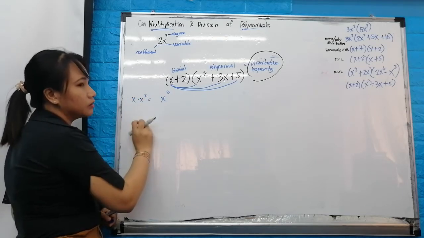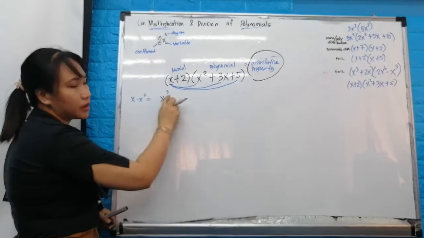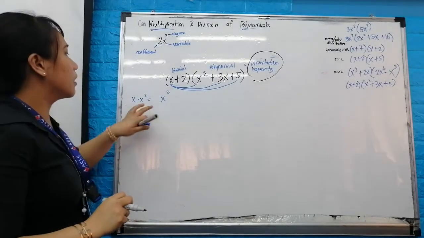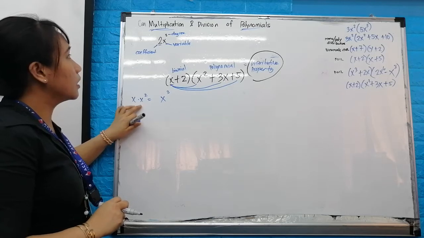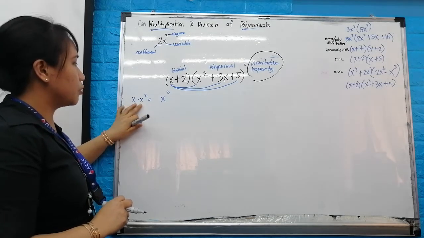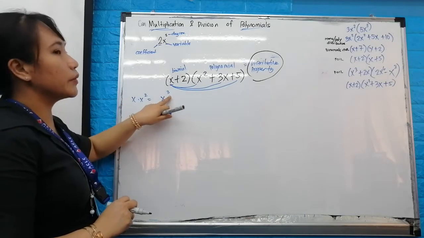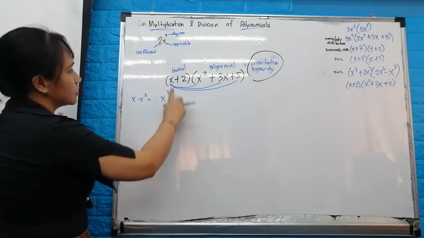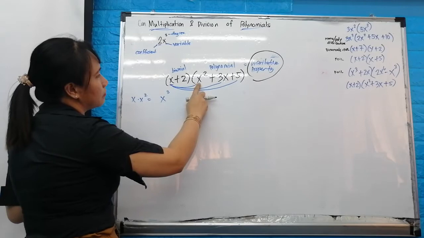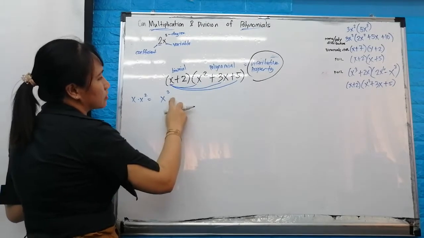You add it by 2, so you've got 3. When you are multiplying a monomial, you're just going to add the degrees. So x times x squared, we've got x cubed.